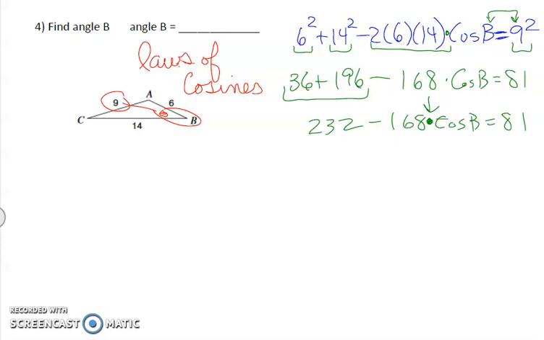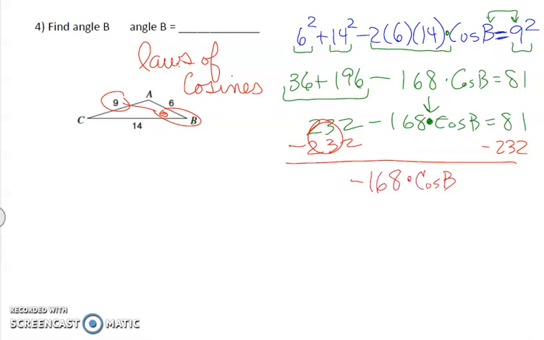So this is where simplifying ends and solving the equation begins. So the next step is we're going to subtract away 452 from both sides and make this a 0. So we have negative 448 times the cosine of B equals 81 minus 452. So that's negative 371.